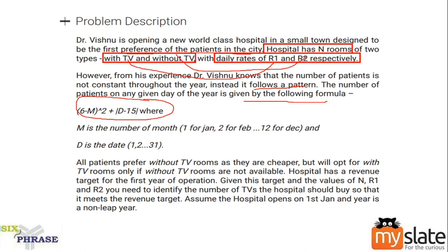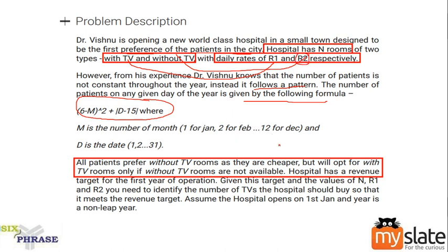Now the next paragraph is also about rooms. All patients prefer without TV rooms as they are cheaper. Without TV rooms are cheaper, which means R2 is lesser. Since R2 is lesser, they will opt for without TV rooms only.